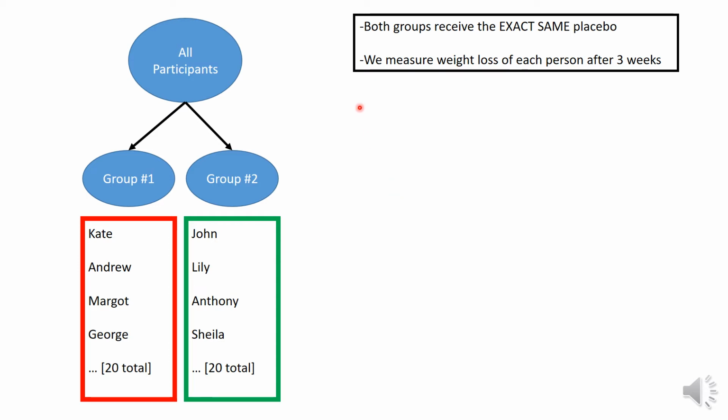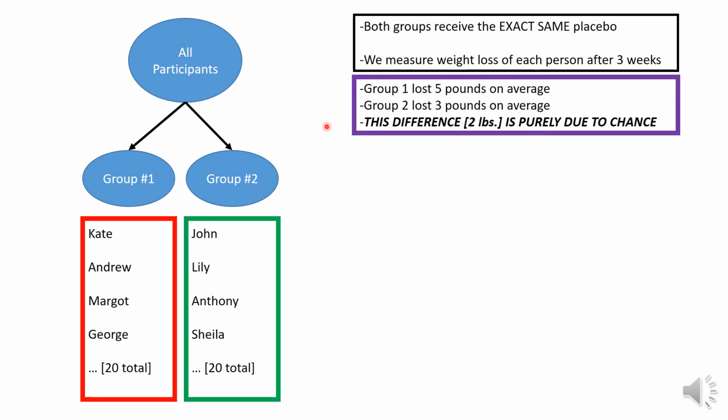Now in 3 weeks, I measure the weight loss of each person. After I've measured the weight loss of each person, it turns out that the people in group 1 on average lost 5 pounds, whereas the people in group 2 on average lost 3 pounds.